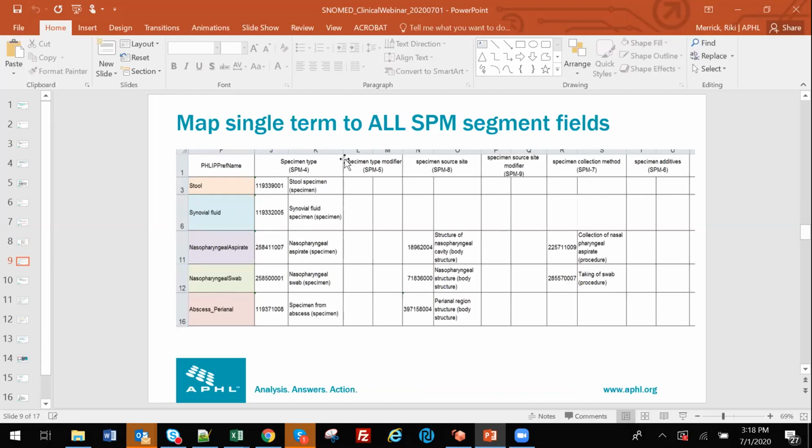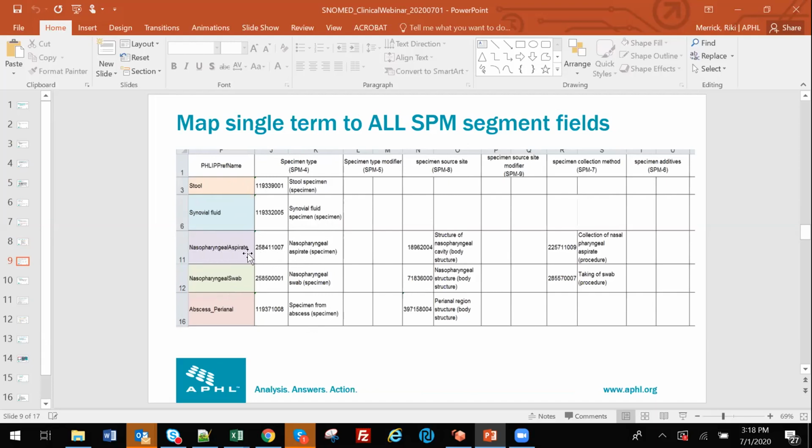And because every lab has at least one term, we decided to have the rule that for this SPM4 field, even though it's really the what, we were going to use the most pre-coordinated term we could find for that specific term that we're using.